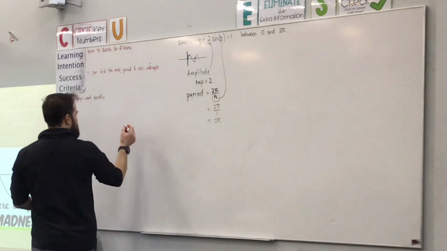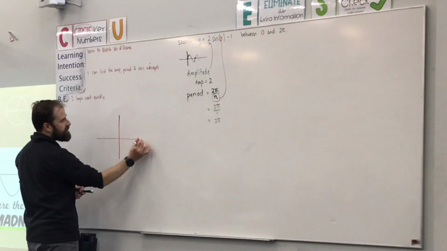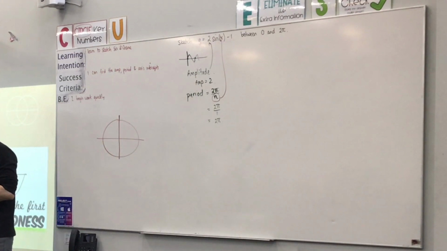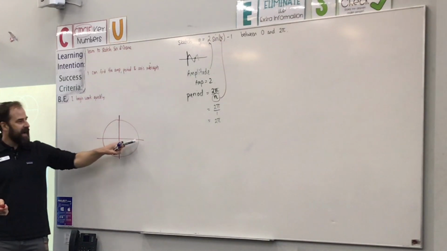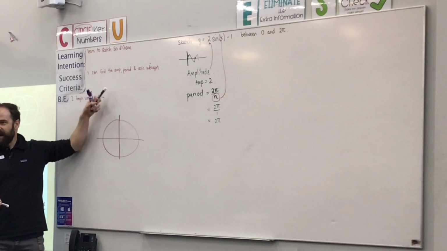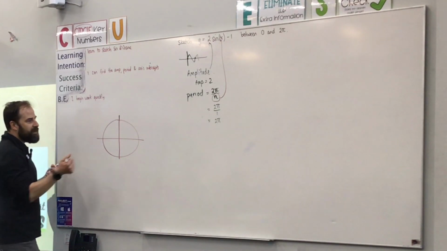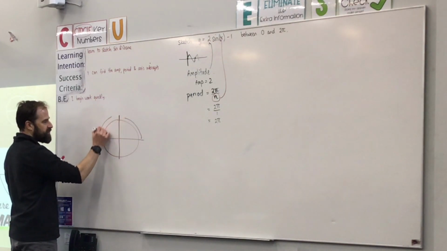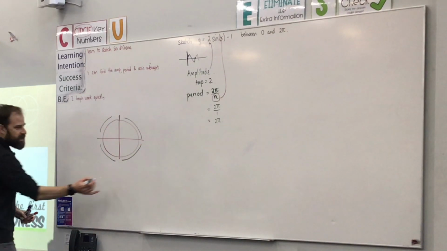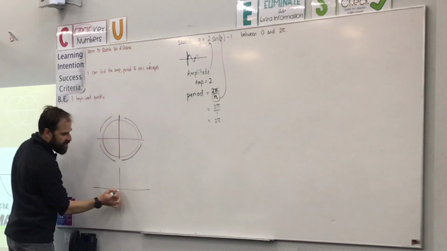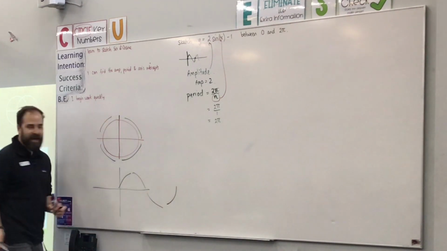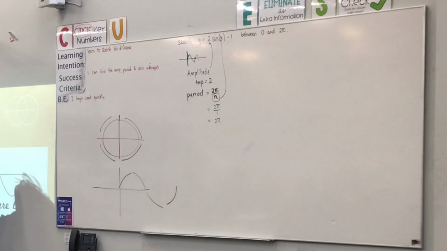My couple of tricks here. First thing comes back to, remember, drawing the sine graph is just drawing how far, or the height on the unit circle for each angle. So how far up my unit circle goes. And my unit circle has got 1, 2, 3, 4 quadrants. A sine graph has 1, 2, 3, 4 parts because of those 4 quadrants.